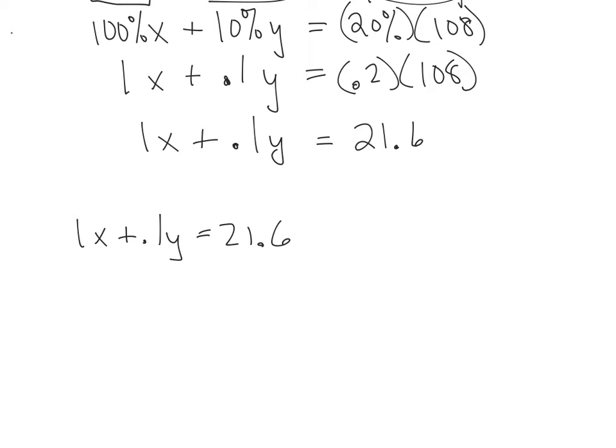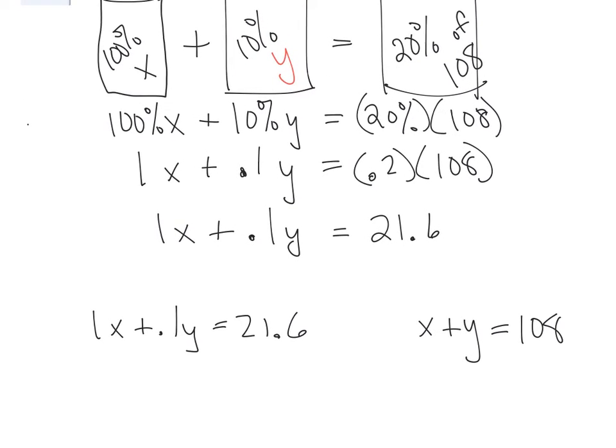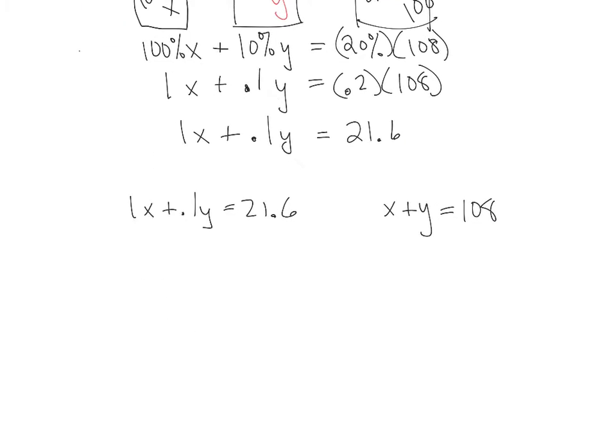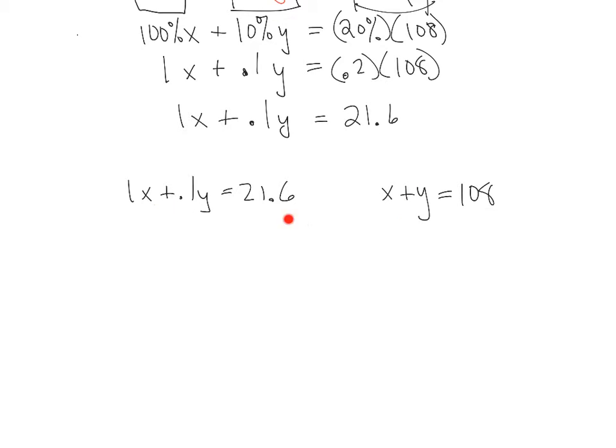Now the other equation is x plus y has to equal 108. Now how did I get that? Well, that's because the directions say if you take this bucket and this bucket, we want to have it equal 108 liters. So there are our two equations.